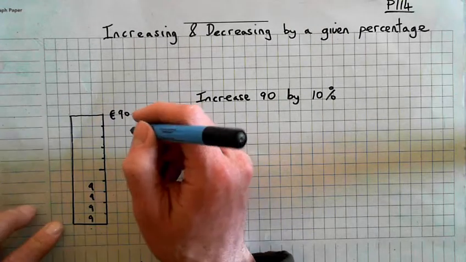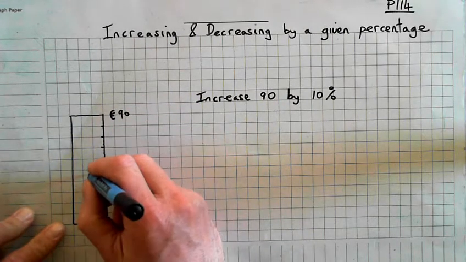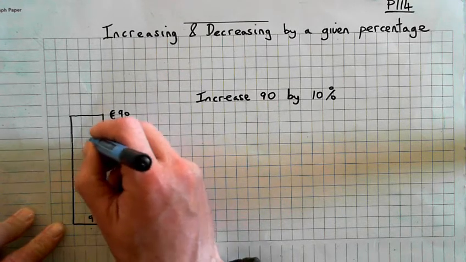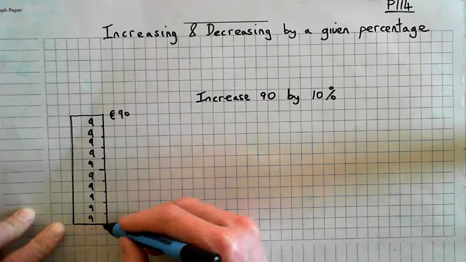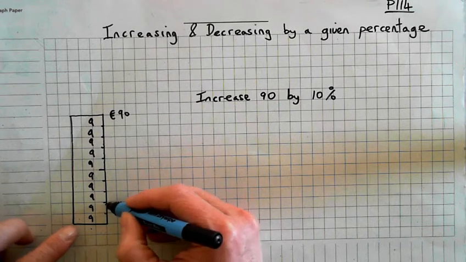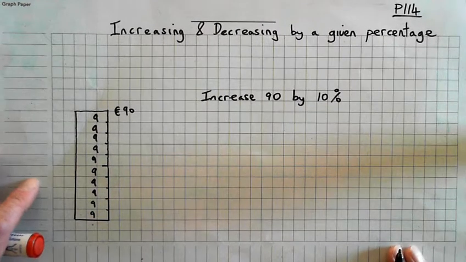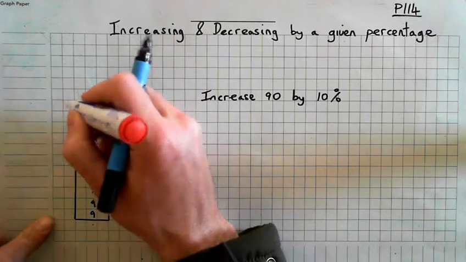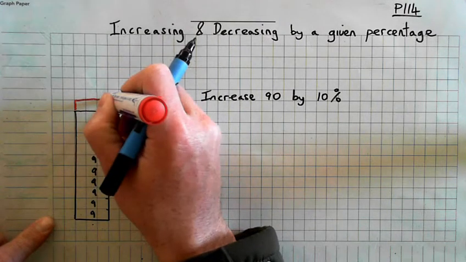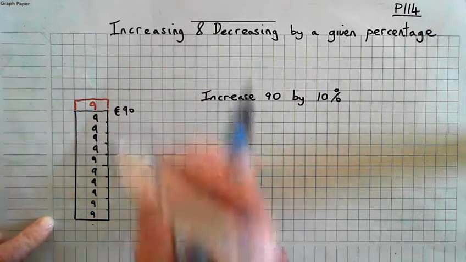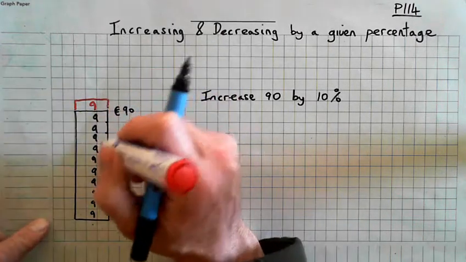If I divide 90 into 10, I get 9. So 10% is 9 euro. Next, 20% is 9 and 9, 18. If I increase that by 10%, 10% is 9 euro, so add on 9 euro, now I've got 99.